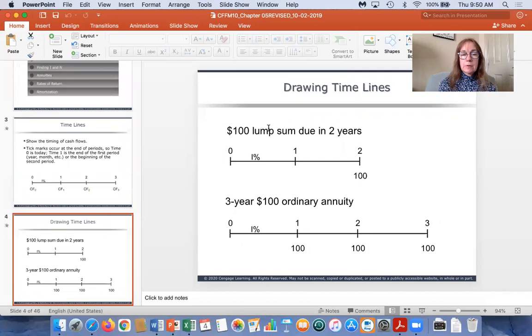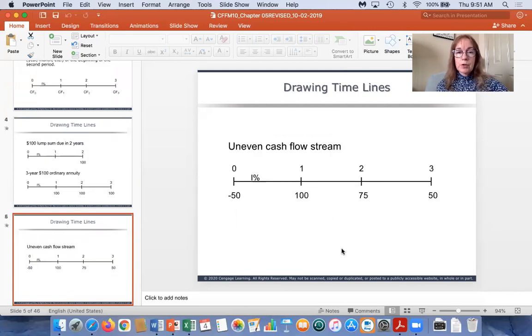All right, this is a timeline just simply showing a lump sum in 2 years at a certain rate of return. And this is a timeline showing an annuity over 3 years, either putting in $100 or taking out $100 over 3 years. We're not going to cover uneven cash flow streams in this chapter because I cover that in a later chapter, chapter 9.